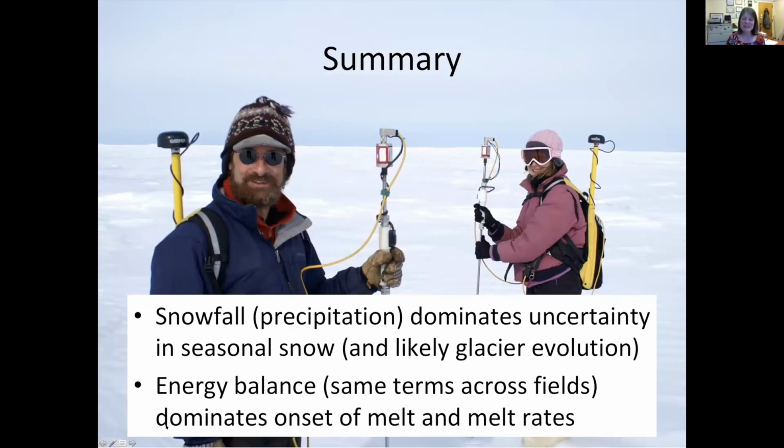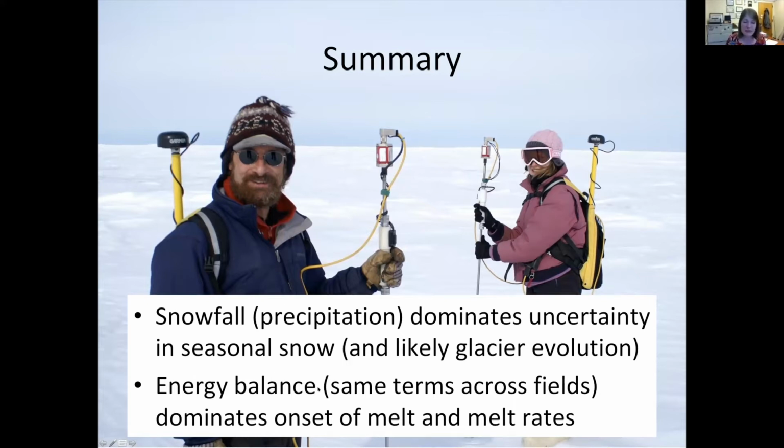So just in summary, science-wise, and this is actually a picture of Matthew Sturm and I taking measurements of snow on sea ice. So we do that sometimes. Snowfall precipitation dominates uncertainty in seasonal snow and likely glacier evolution. The biggest term is how much falls out of the sky in the first place.